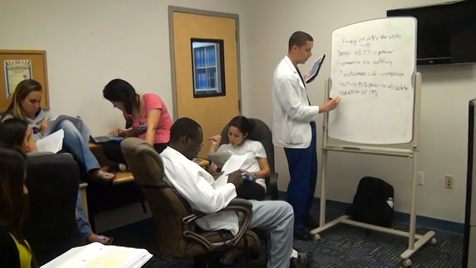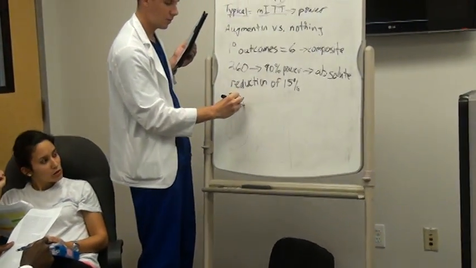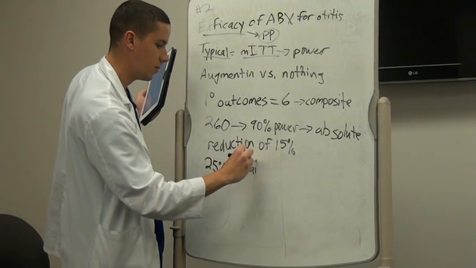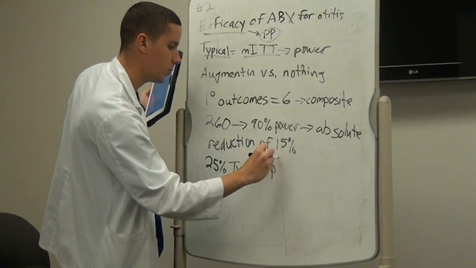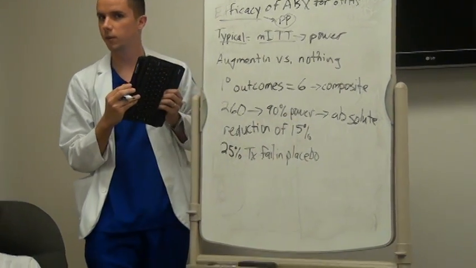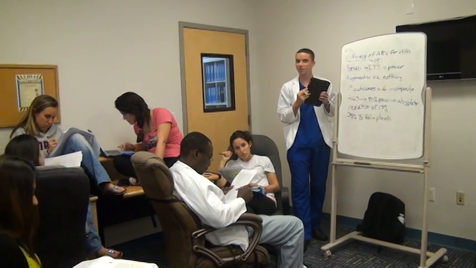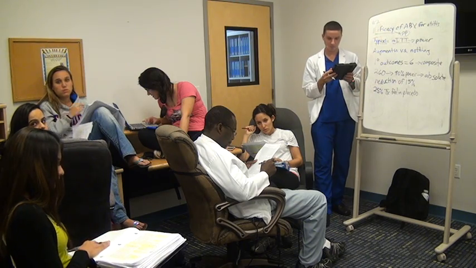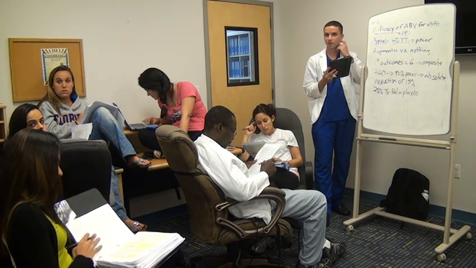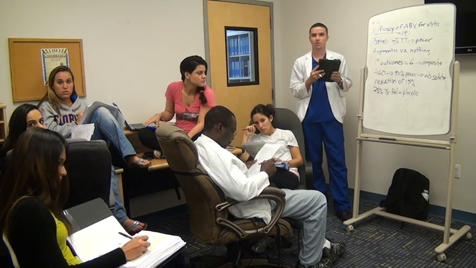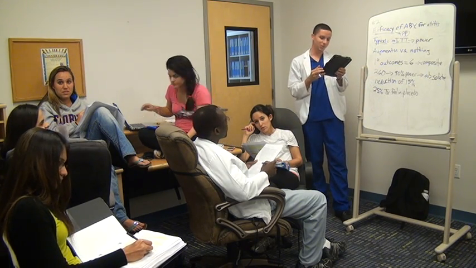How do they get to this 25? 25% treatment failure in placebo. How do they get to that? Do you expect otitis media to self-resolve in some cases? But why wouldn't it be like 50% instead of 25?